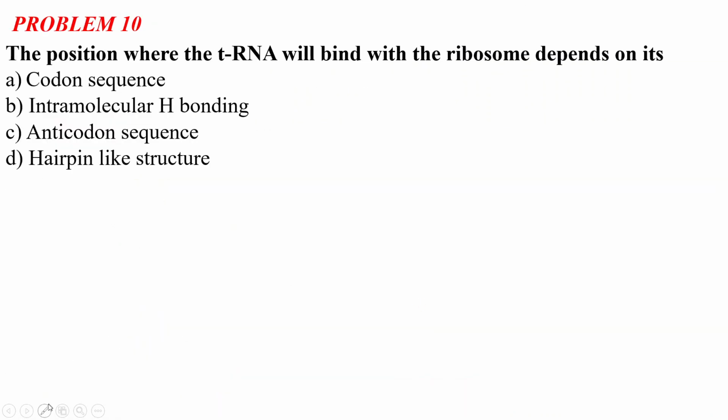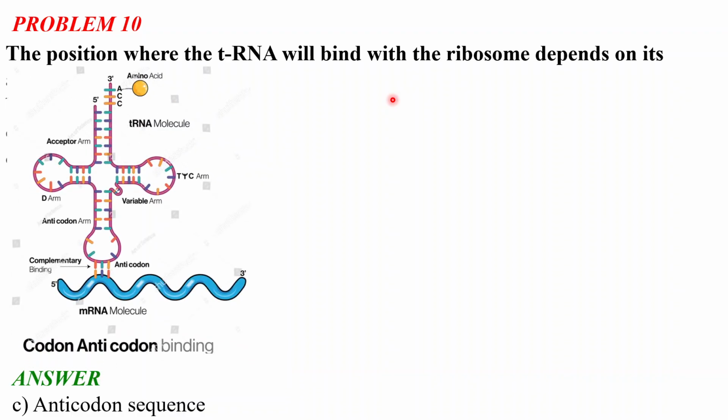The position where the tRNA will bind with the ribosome depends on its anticodon sequence. The correct answer is number C, anticodon sequence. So this is the codon-anticodon binding of the tRNA. This is the shape of the tRNA. As you can see, the first is the 3' position where the amino acid binds basically.